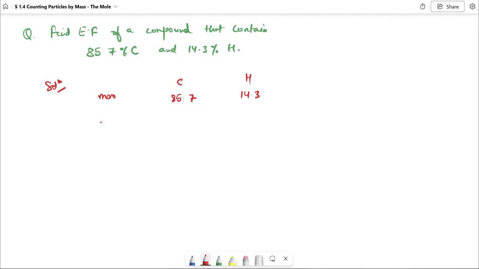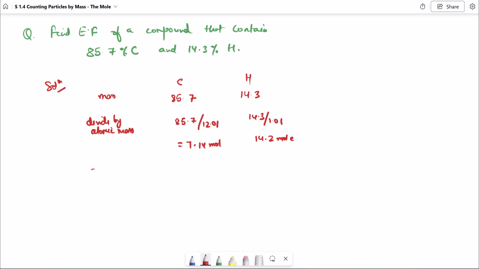Then divide this value 85.7 or 14.3 by atomic mass. That means 85.7 divided by 12.01, and here 14.3 divided by 1.01. Here we are going to get 7.14 mole. Here we are going to get 14.2 mole, right?